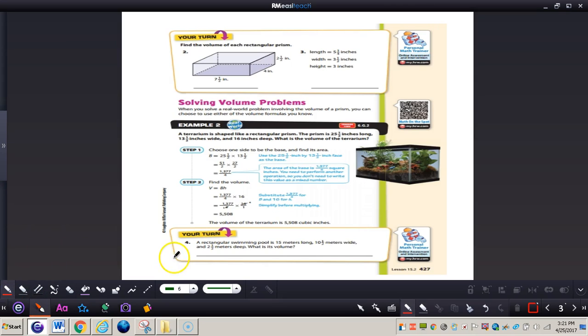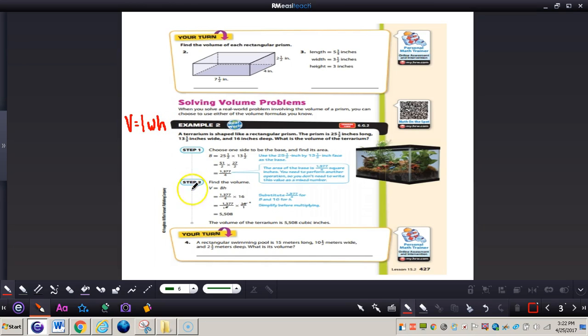First of all, let's read the problem. That would be helpful. A rectangular swimming pool is 15 meters long, 10.5 meters wide, and 2.5 meters deep. What is its volume? We will write out the formula first. Volume equals length times width times height.